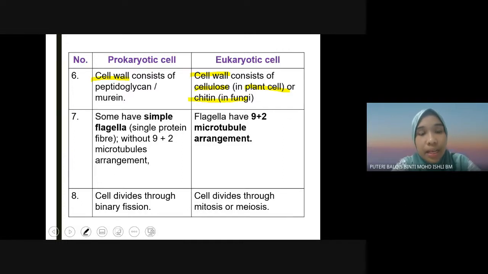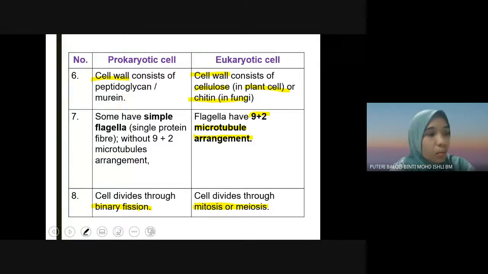And the next one, some have simple flagella, simple, dia tak complex, while eukaryotic cell have 9+2 microtubule arrangement. And the last one, prokaryotic cell divides through binary fission. Eukaryotic cell divides by mitosis or meiosis.